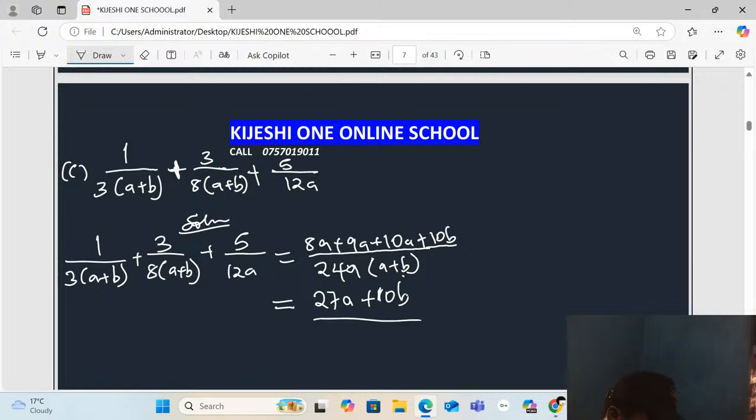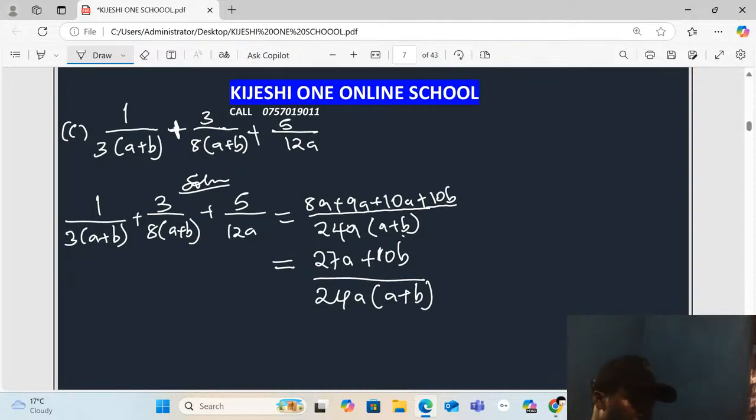Now over the LCM. Our LCM is 24A into (A plus B). Nothing more than that. This now becomes our answer. What you have to do is simplify this LCM, then you work them out.